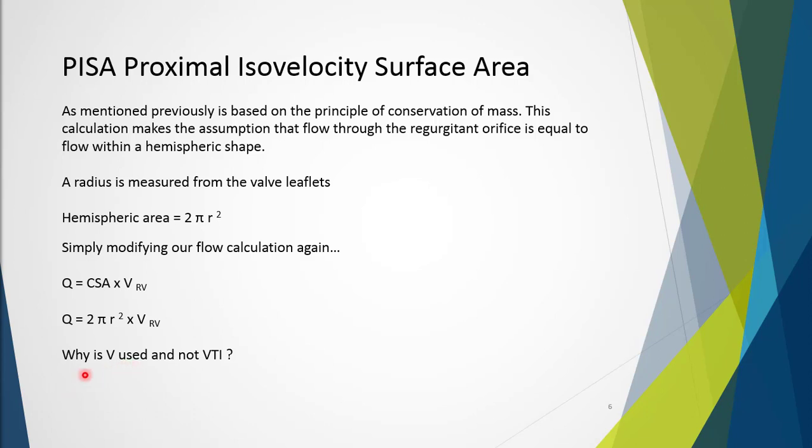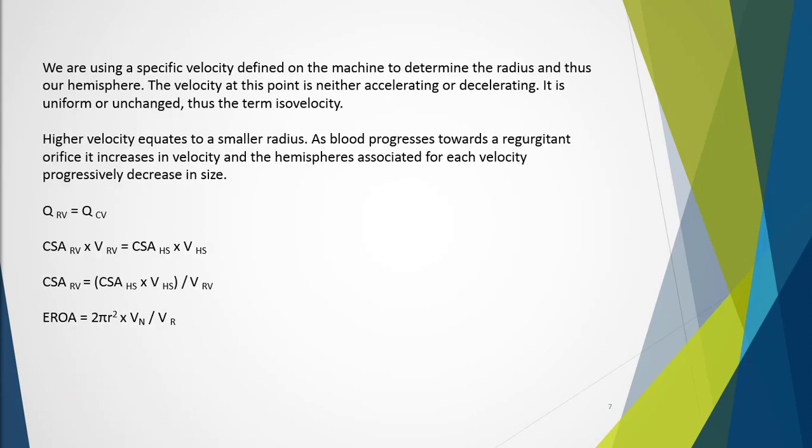But why do we use a velocity instead of a velocity time integral now? This is because we are using a specific velocity defined on the machine to determine the radius of the hemisphere that we use. The velocity at this point is neither accelerating nor decelerating. It's uniform or unchanged, thus the term isovelocity.